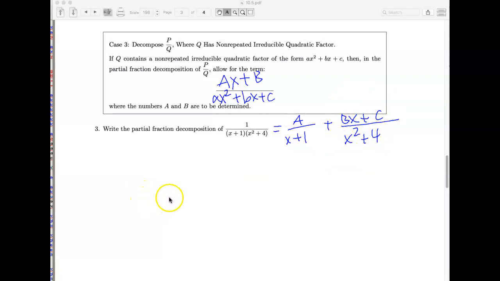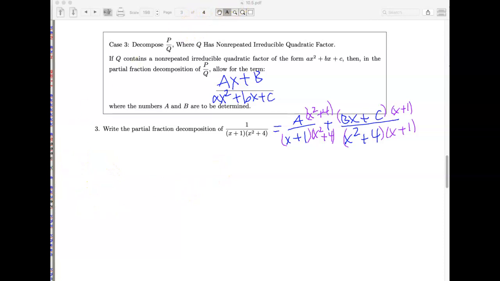And we're going to want to multiply and make all the denominators the same. So we'll multiply by a factor of x² + 4 here, and a factor of x + 1 for the last term. Now that all the denominators are the same, we can multiply the numerators and clear the fraction.